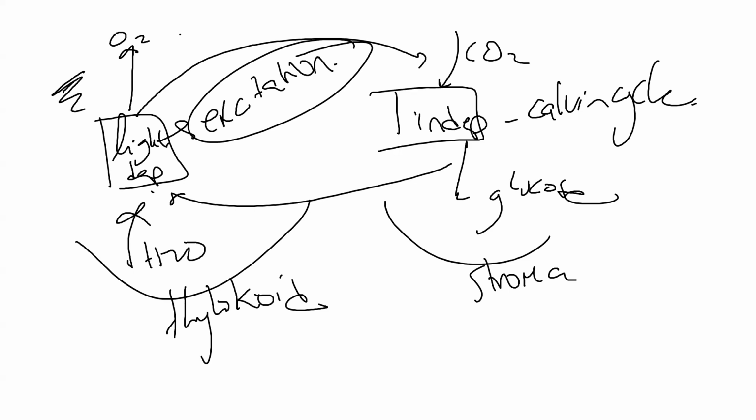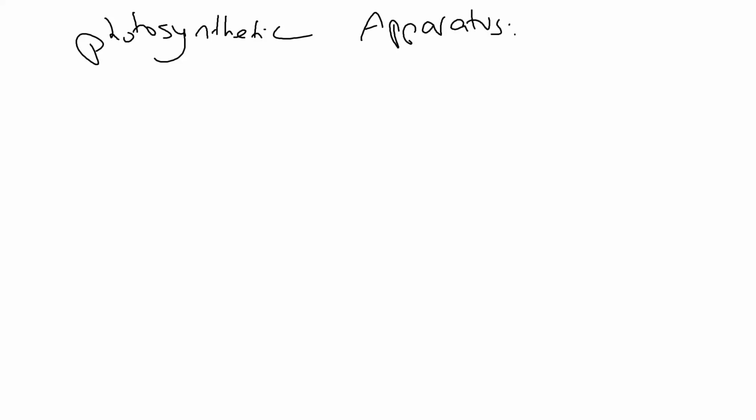Let's now speak about this excitation in details and this Calvin cycle in details. So let's first start with the light-dependent reactions. Let me just draw the photosynthetic apparatus or system.